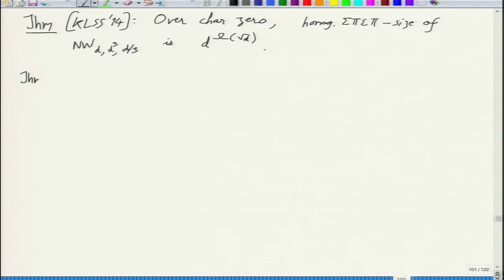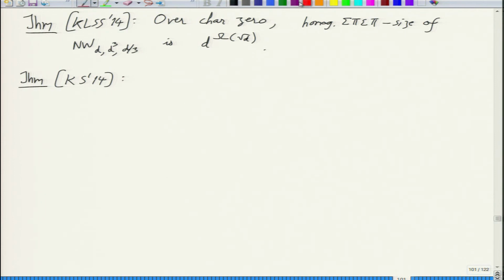And then this was improved by KS14, Kumar and Saraf.